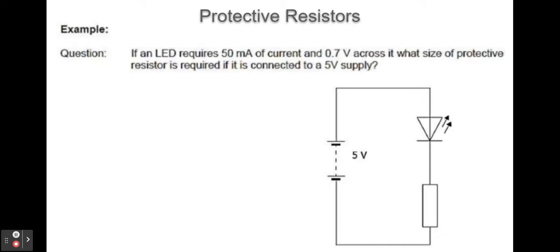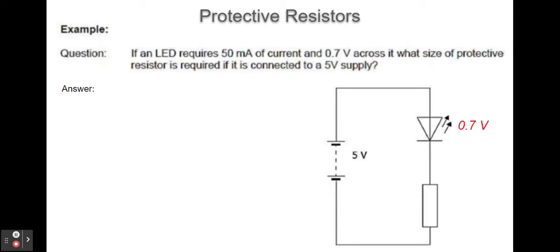So, here we can see the LED requires 50 milliamps of current passing through it and a voltage across it of only 0.7 volts. Now, there is a total of 5 volts going into this circuit. Therefore, the resistor has to take away the remainder of that voltage.